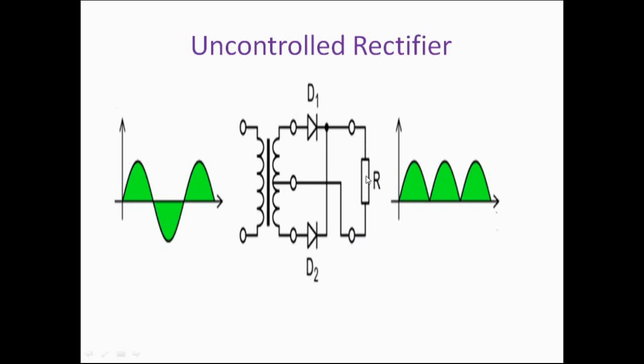This is a current direction. In the second half cycle, D2 conducts. This is a current direction. So both half cycle, the current direction is not changed in the load side. Okay, so this is simple AC to DC converter.